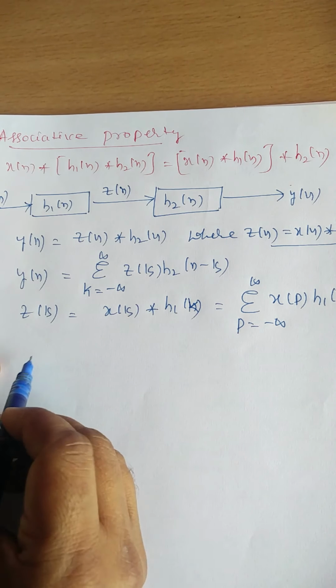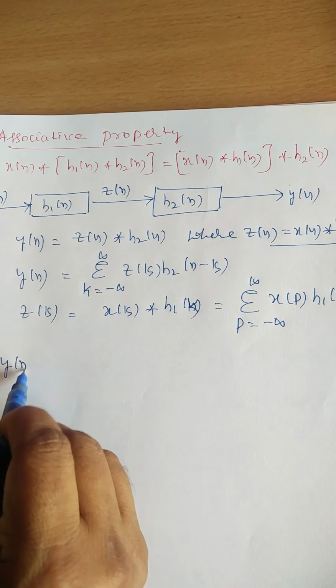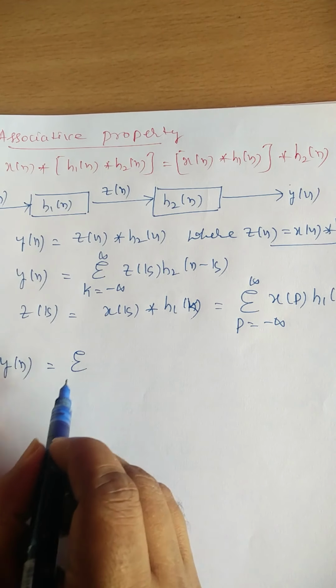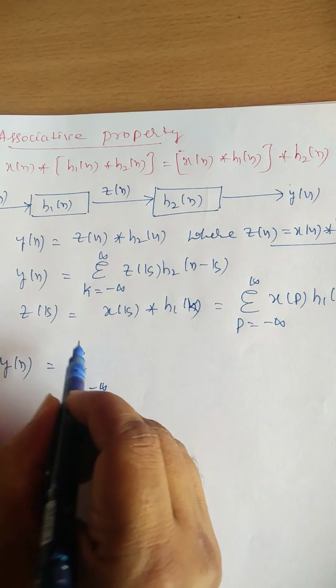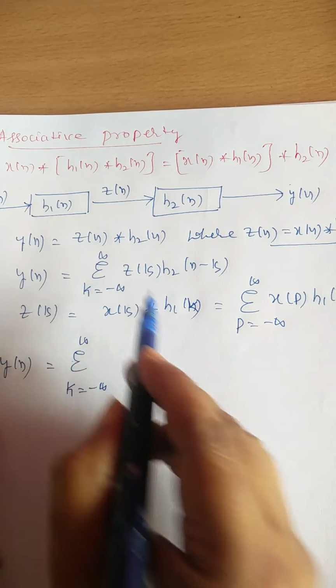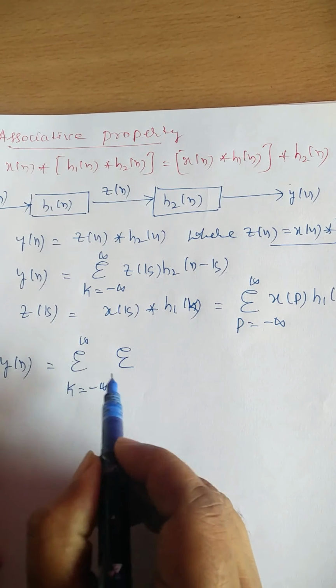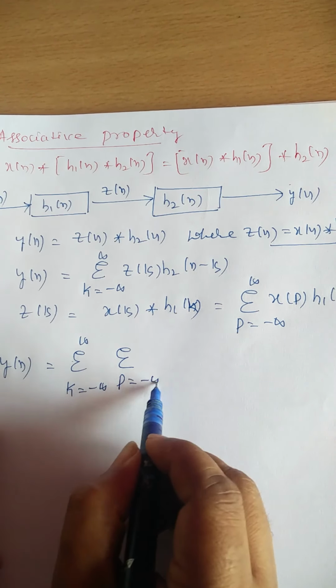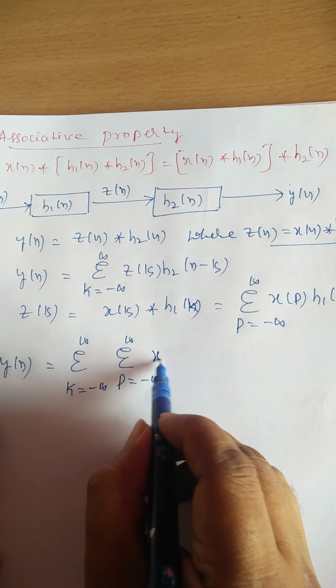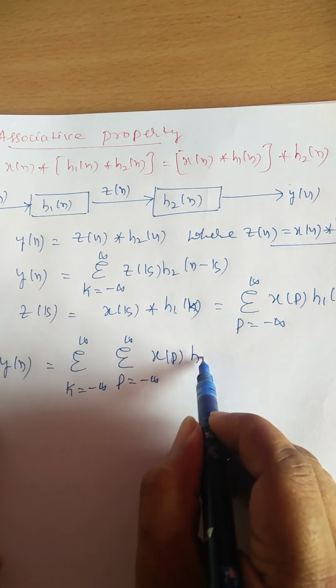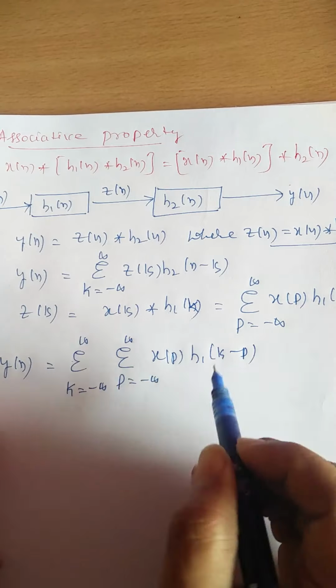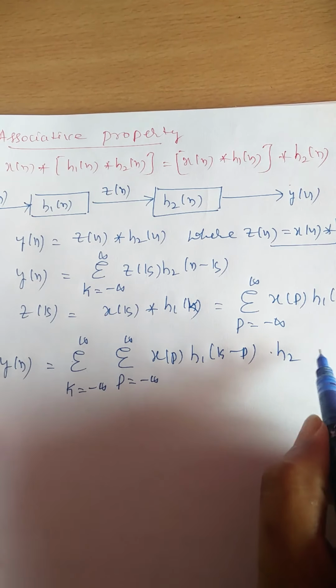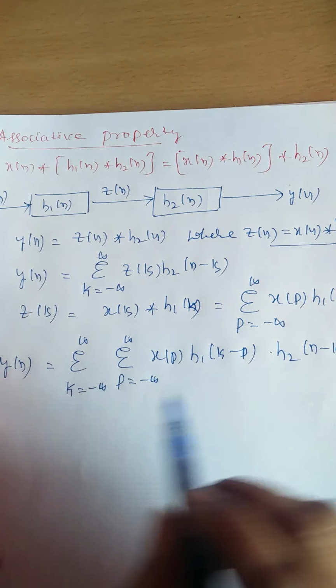Okay, then y of n equals summation of k tends from minus infinity to plus infinity, where z of k is replaced by this equation, that is summation of p tends from minus infinity to plus infinity x of p h1 of k minus p, and that is multiplied by h2 of n minus k.